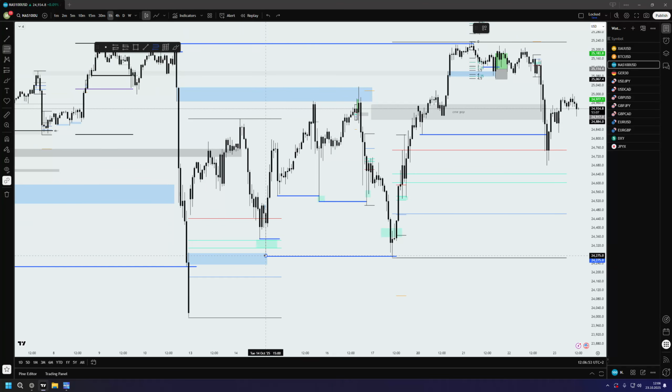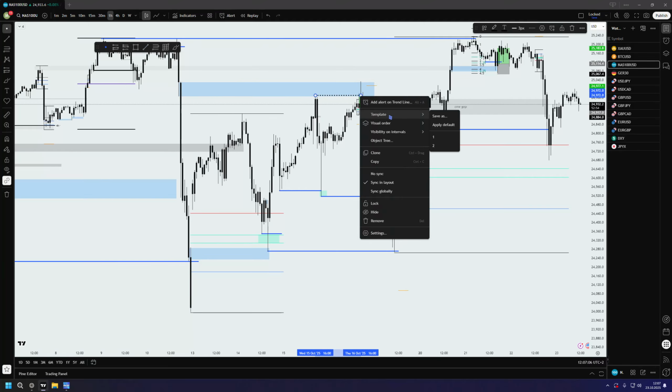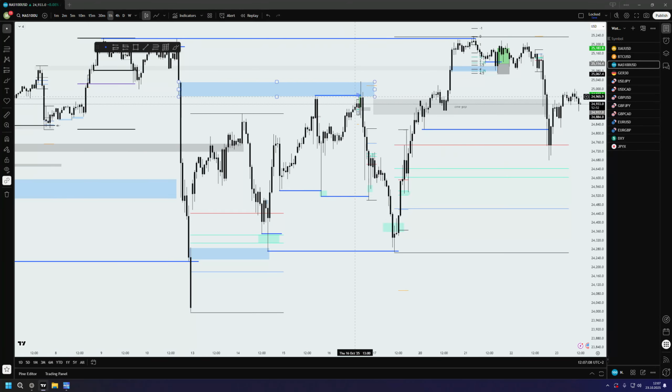Then if we measure this whole range, OT right here, liquidity tapped in, rallied, liquidity, hidden base, boom.